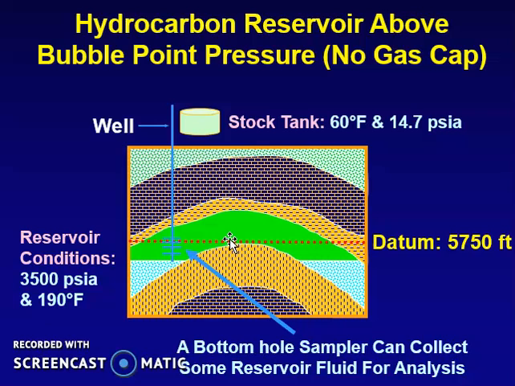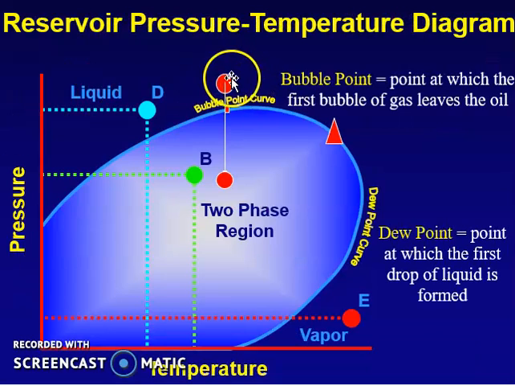The amount of liquid that we get at the surface, there is a tank at the surface which we call the stock tank. The temperature and pressure of that tank is 60 degrees Fahrenheit and 14.7 psi, and the amount of liquid we get there, we call stock tank liquid. Again, the oil that you have inside the reservoir is at high pressure, high temperature. Once it reaches the surface, its pressure drops to 14.7 psi, and that's exactly what happens in the PT diagram.